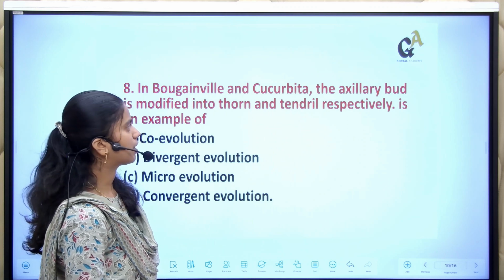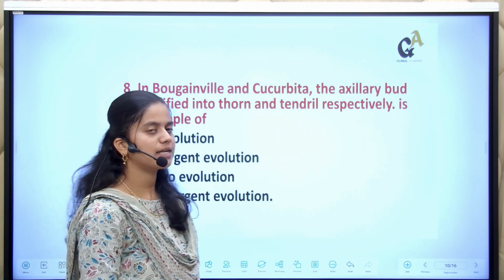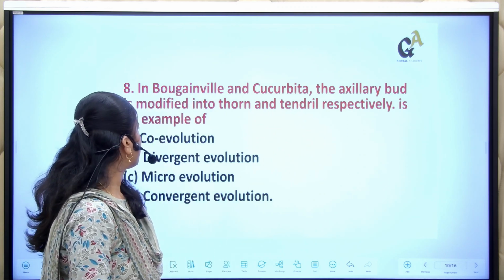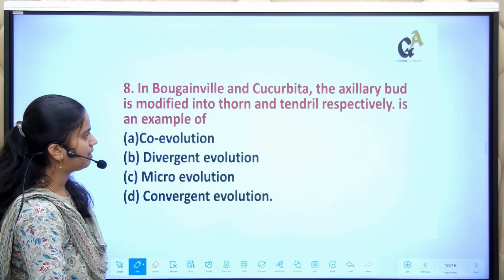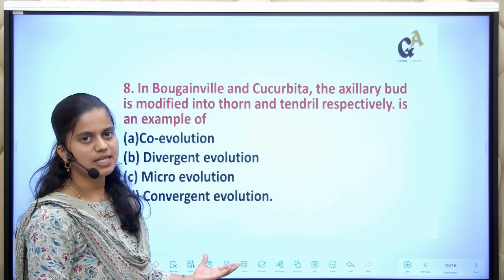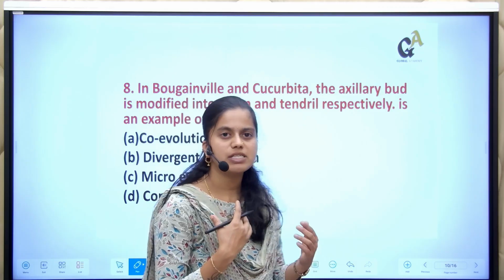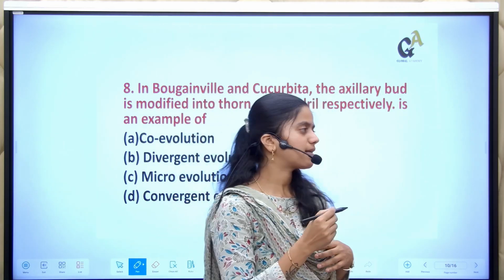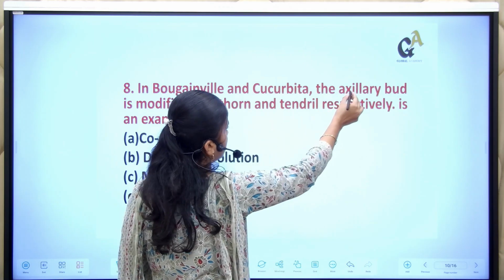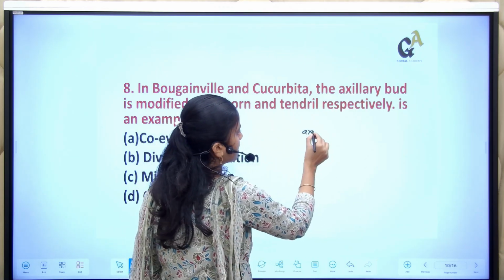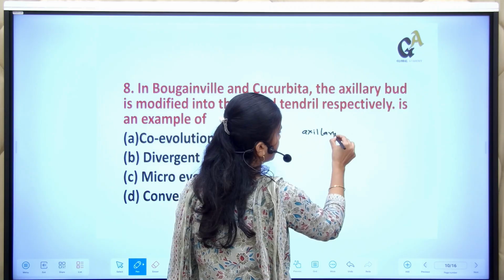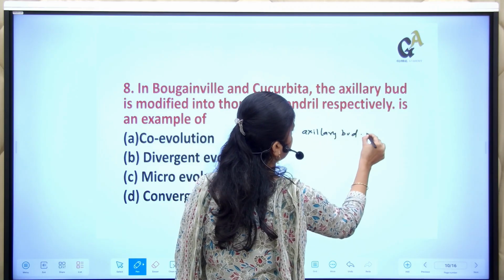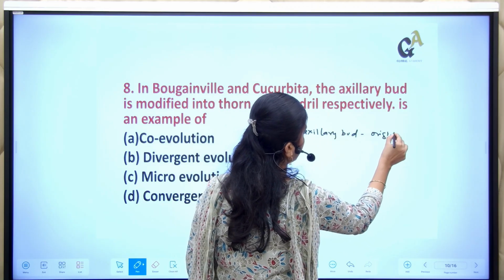Next, in Bougainvillea and Cucurbita, the axillary bud is modified into thorn and tendril respectively. This is an example for. I think in question number 1, in the beginning, I have explained. See, the axillary bud is the common origin.